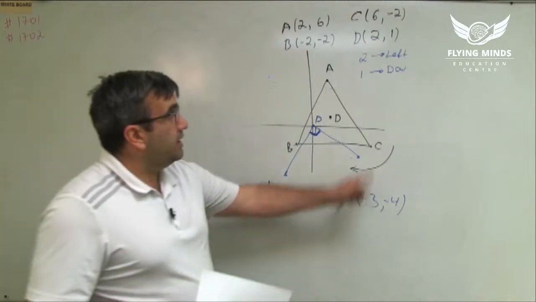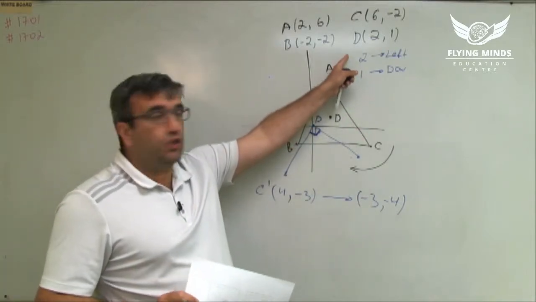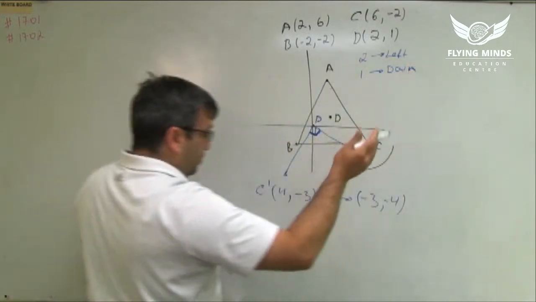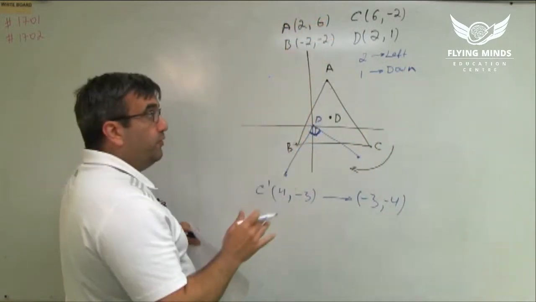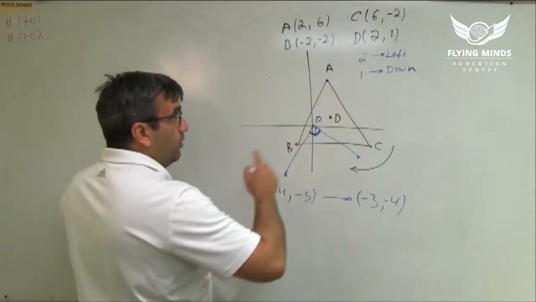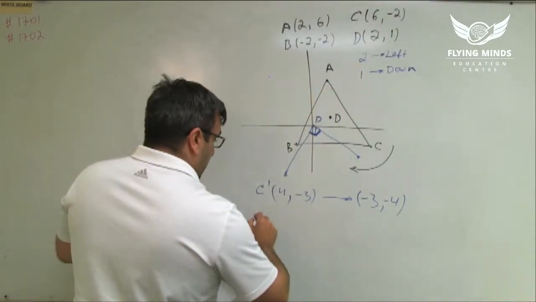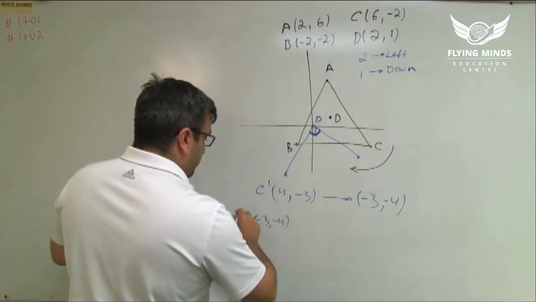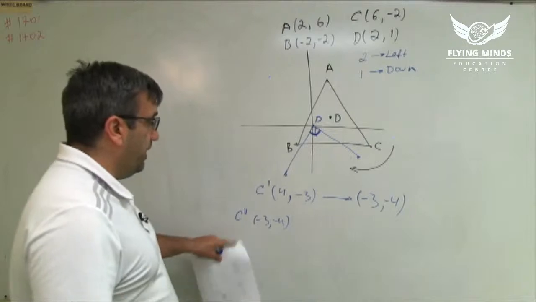But we remember that we moved 2 left and 1 down. So now we need to move it back, right? Our point -3, -4, let's call it C prime.